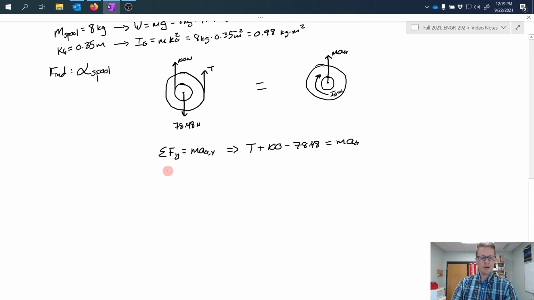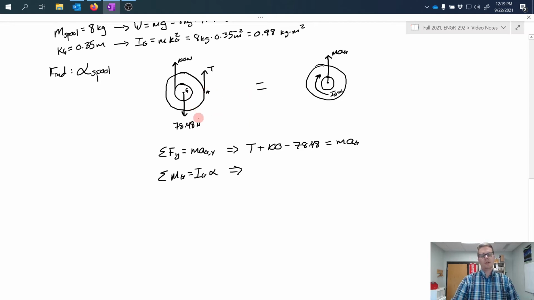Next, I'm going to do a moment balance about my center of gravity, which looks like that, and start plugging in what I have. So I would look at my forces as they're applied. Again, G is located here at the center and A is located over here where T is attached.